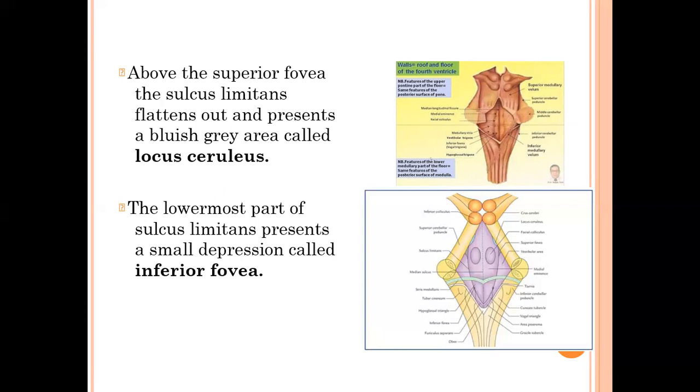The lowermost part of the sulcus limitans presents a small depression which is known as the inferior fovea. On either side of the medial eminence, there is an oval swelling in the pontine part of the floor at the level of the superior fovea.